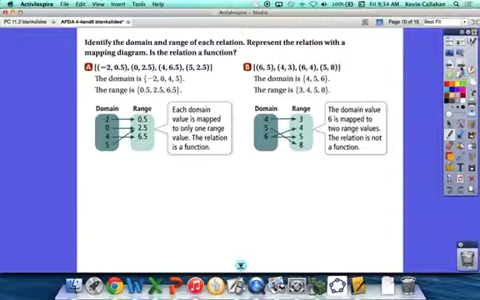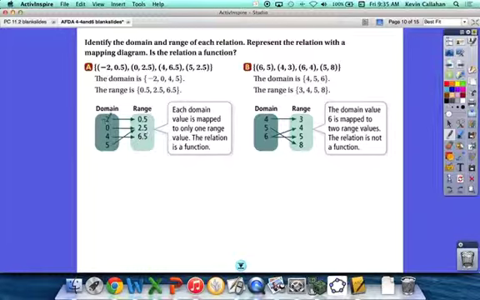The range is the output values. It is the set of the y values: 0.5, 2.5, 6.5, and then there was another 2.5, but notice that they don't repeat a number. If it's already in the range, you don't need to list it again. Now, when you make a mapping diagram, which takes every value in the domain to every value in the range, you draw arrows that connect the x value to the y value.